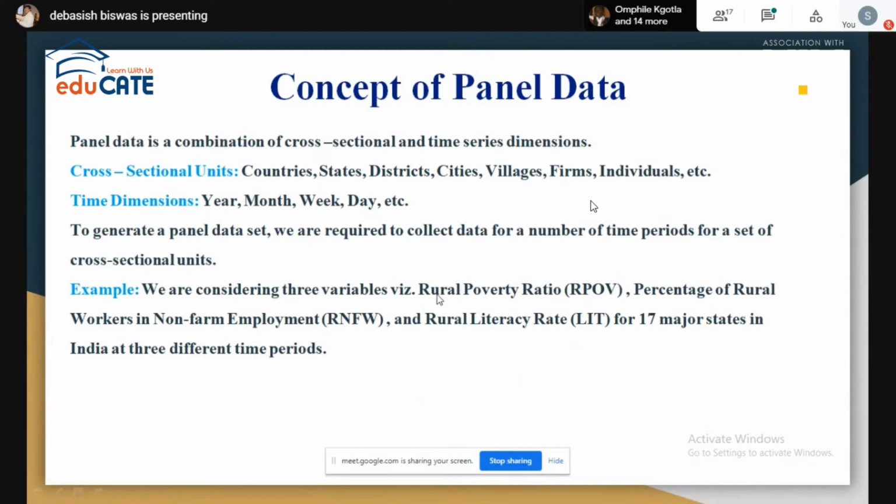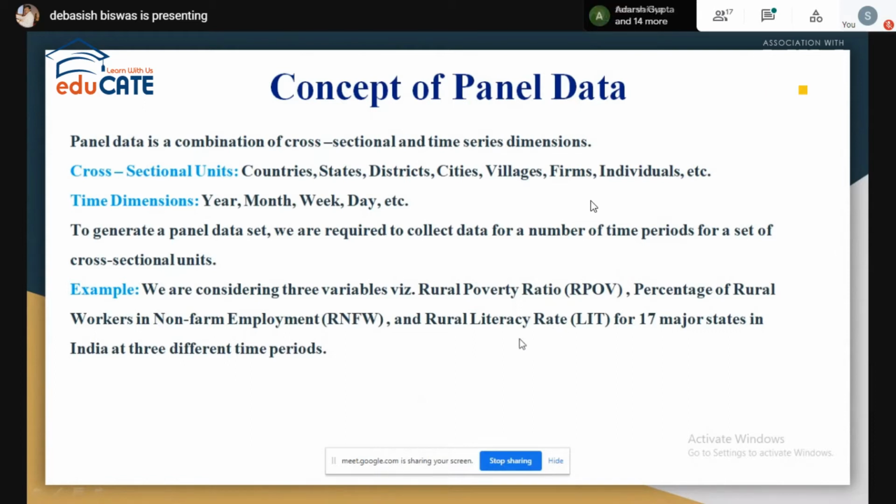One macro variable is the rural poverty ratio, RPOV. Another variable is the percentage of rural workers employed in the non-farm sector, not in the agricultural sector. And you have also considered the rural literacy rate, which is another variable.